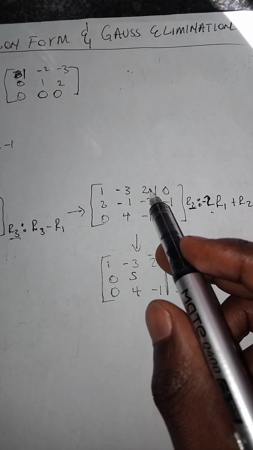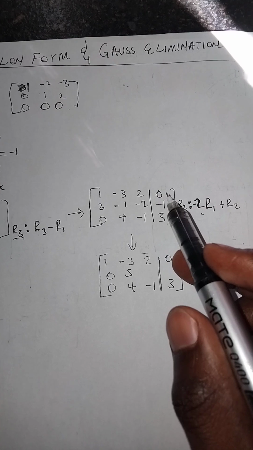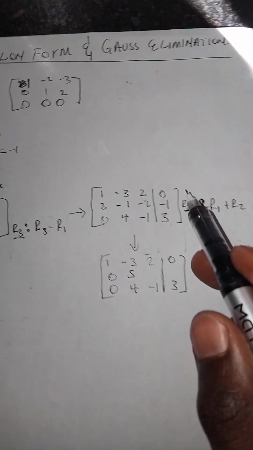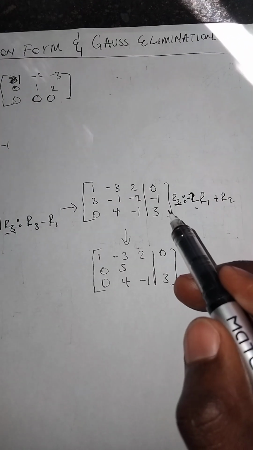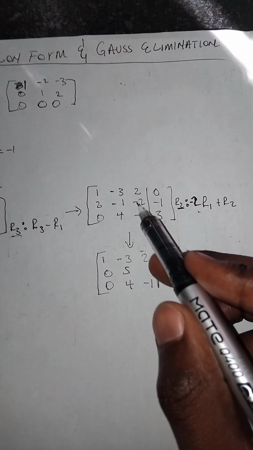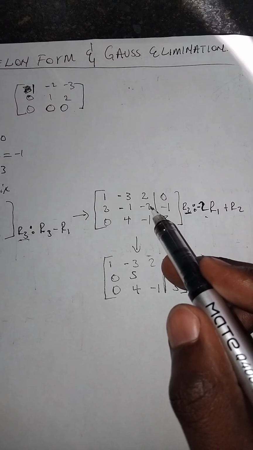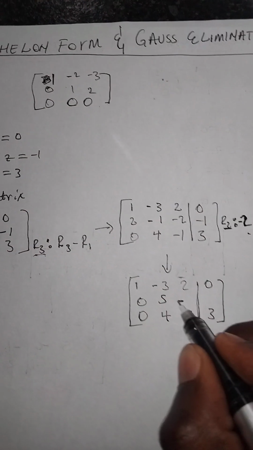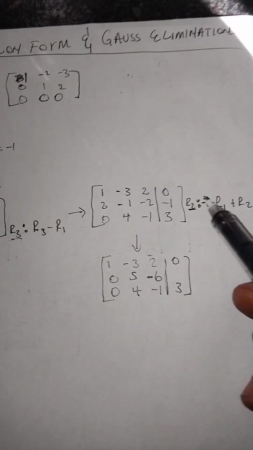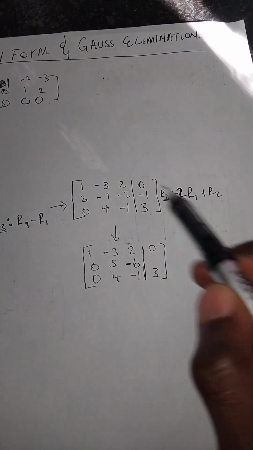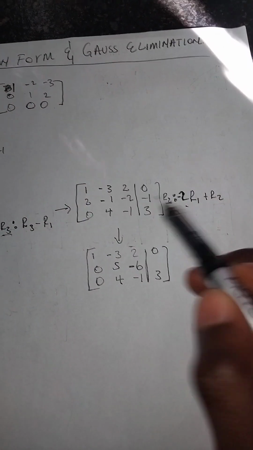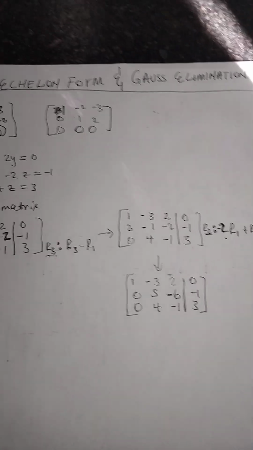Then minus 2 times 2, that is minus 4, then minus 2, that is going to give us minus 6. Then minus 2 times 0, that is 0, then minus 1. So we remain with minus 1 there.